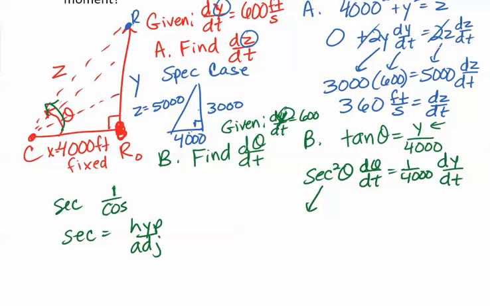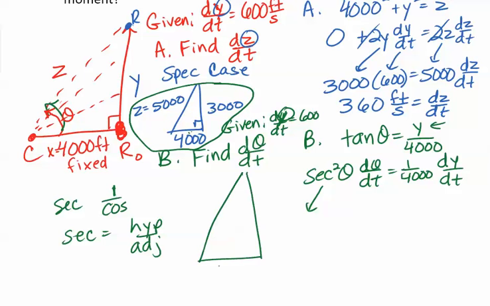Remember our specific case up here was our 3, 4, 5. Let me draw that a little bit better: our 3,000, 4,000, 5,000. Here's our theta. Our opposite side for our specific case is 3,000 feet, our adjacent side is 4,000 feet, and the hypotenuse is 5,000 feet.